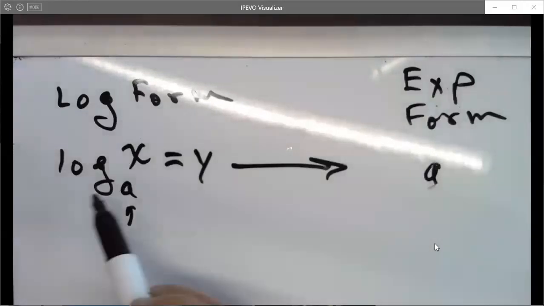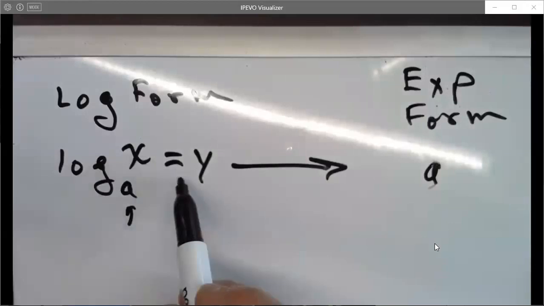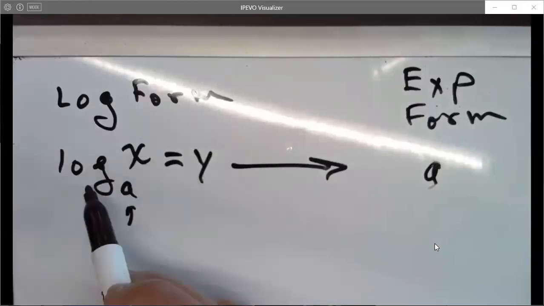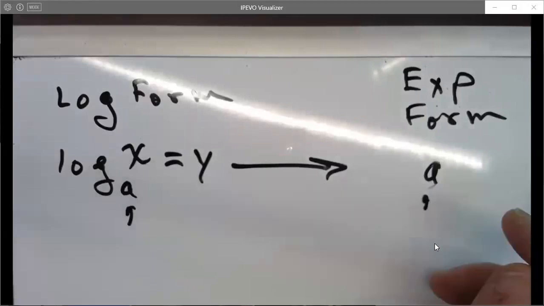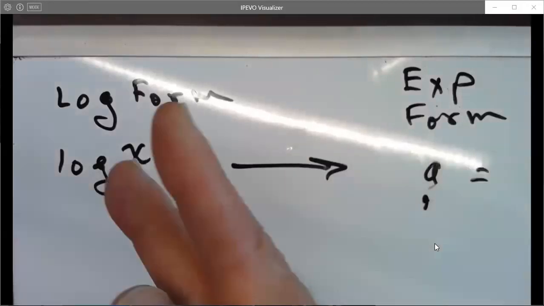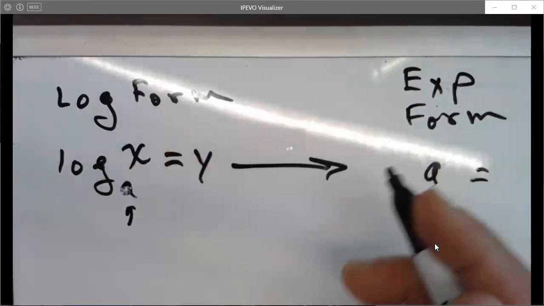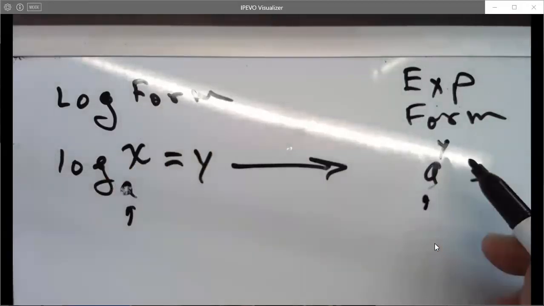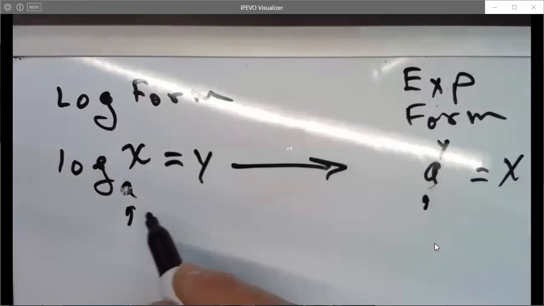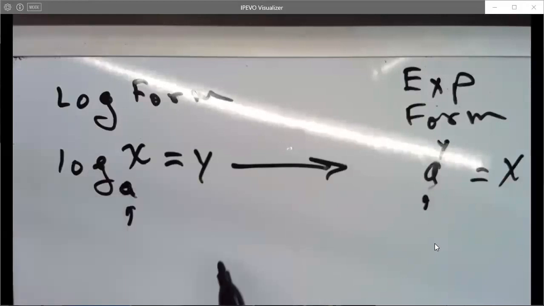So a is the base of your logarithm, so a is going to be the base for your exponent. And then you take the x and y and you switch. So now the y is on the a side and the x is on the other side of the equal sign to our base.